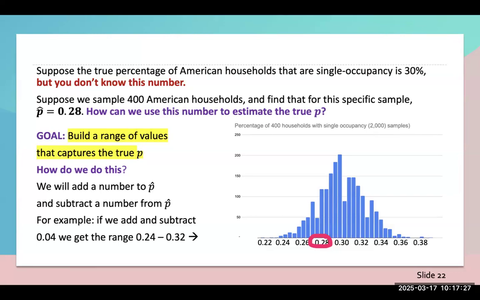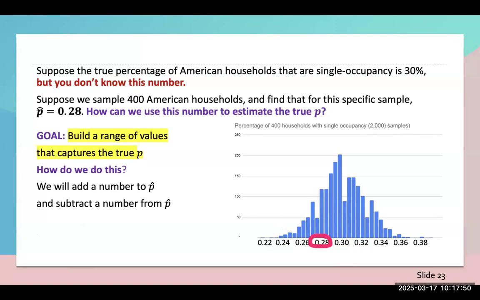And if I add 0.04, I get 0.32. So I get a range of values. So here's the true p, and if I choose the right number to add and subtract, then my true parameter is in that range. It'll contain the true p.